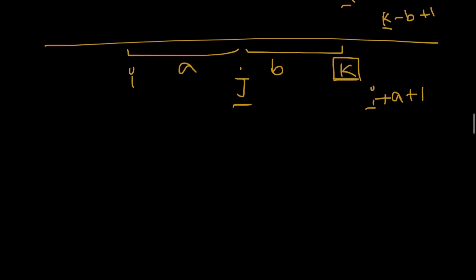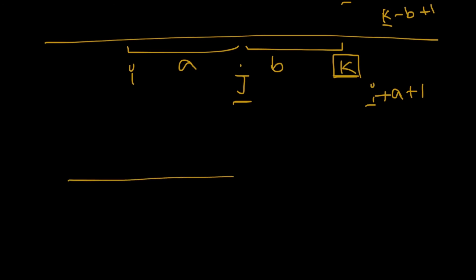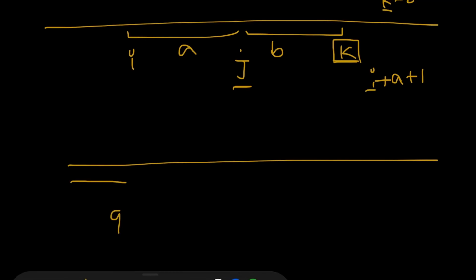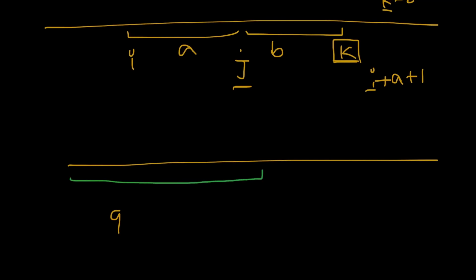If this is the whole array of numbers, and I know that for the whole part the number of inversions is Q. Now what I can do is, I will first check for this part, the first portion.